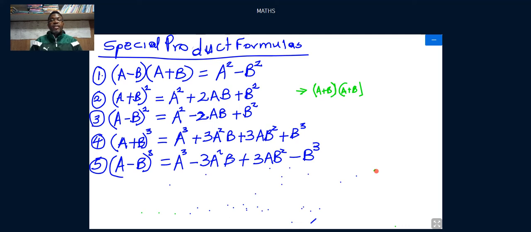In this instance, the base is the sum of A and B. And for you to be able to simplify this, use FOIL. You multiply the first terms first, A and A, and you multiply the outer, A on the first bracket and B on the second bracket, and then you multiply the inner, which is the B on the first bracket and the A on the second bracket. And lastly, you multiply the last terms, B and B.